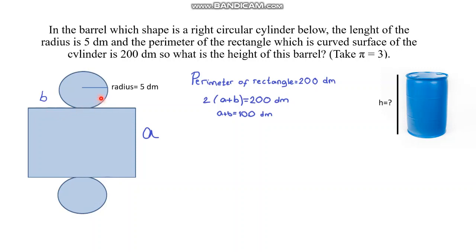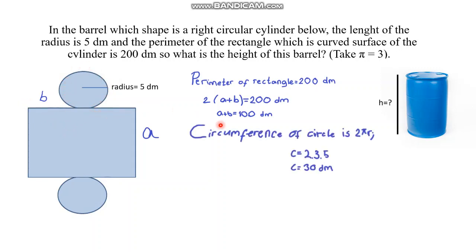We need to find the circumference of this circle to find the length of B. We can find the circumference of the circle, right? Circumference of the circle is 2πr and it's equal to 30 decimeters. And we found B. B equals 30 decimeters.